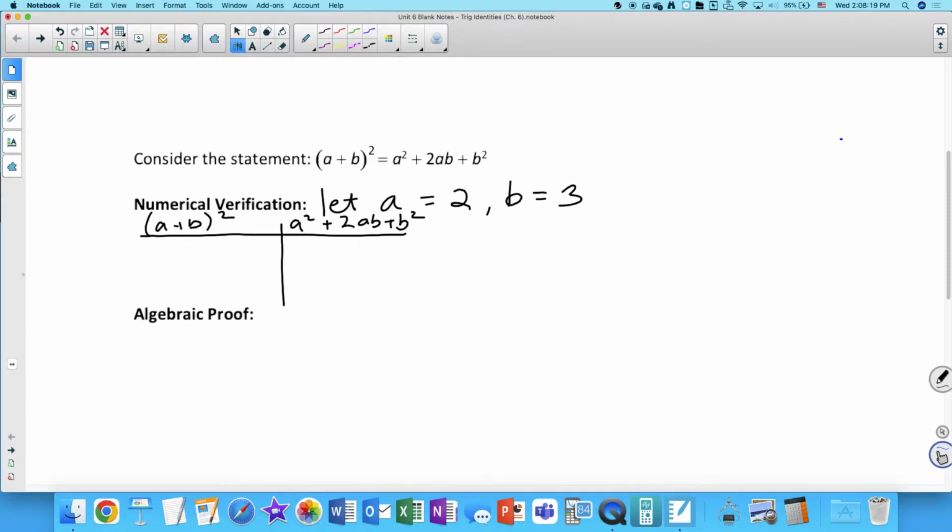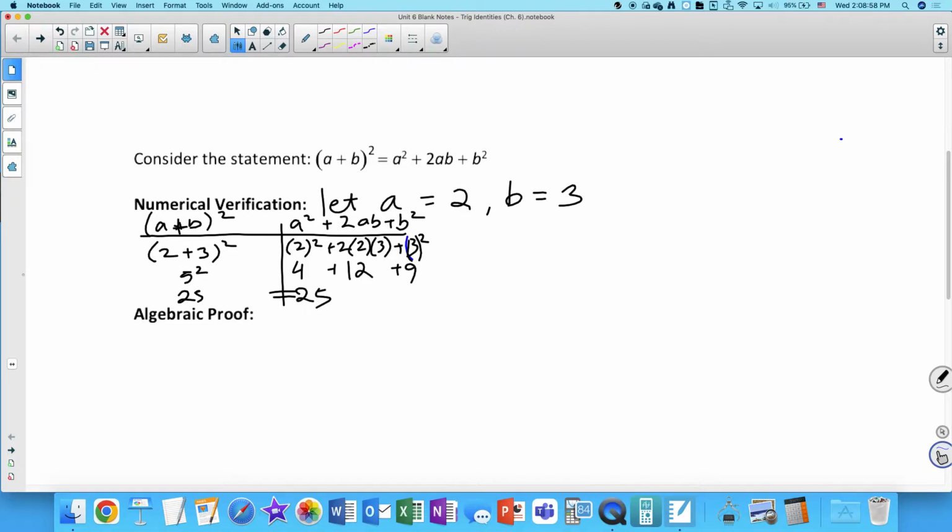On the left, I get (2 + 3)², which is 5², which is 25. On the right, I get 2² + 2 times 2 times 3 + 3², that is 4 plus 12 plus 9, and that is also 25. So at the end of the day, the left side equals the right side.